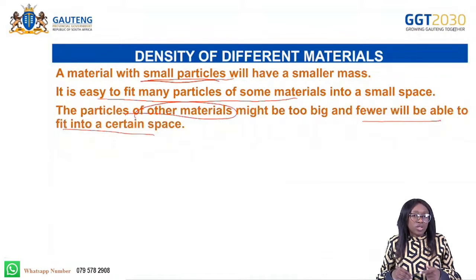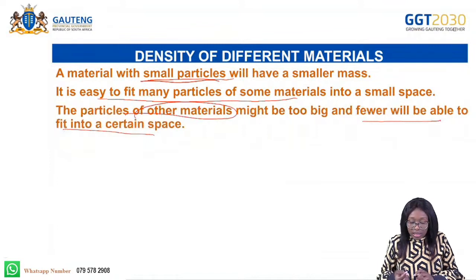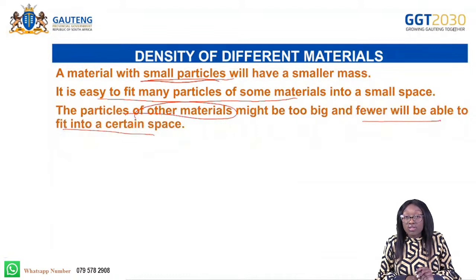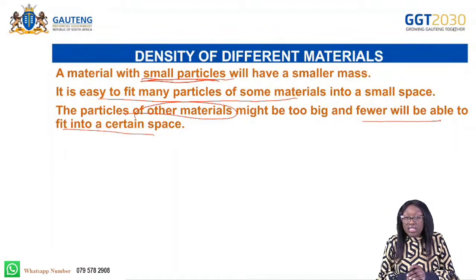I'm going to take you back to atoms. Atoms have different sizes. So look at it this way. Some materials may be made of particles or atoms that are much smaller, so you can make more of them fit into a space.